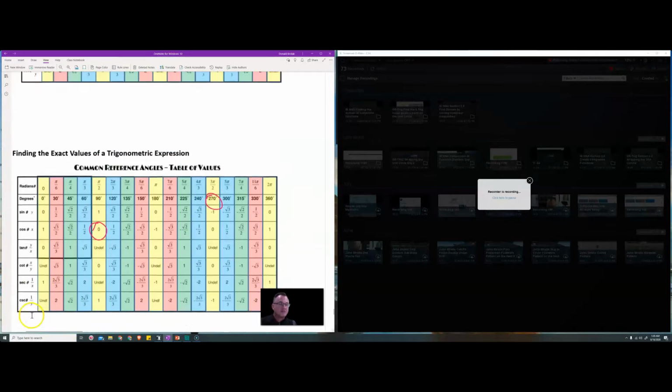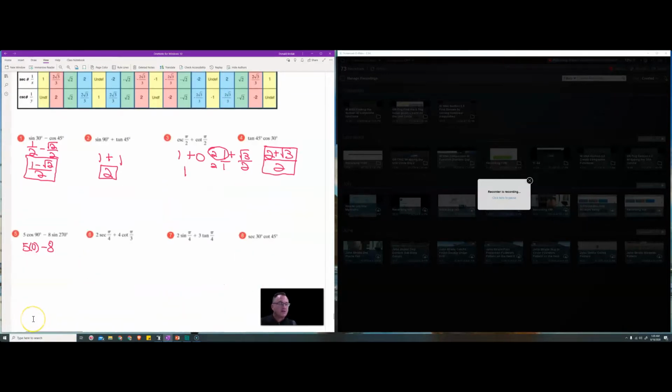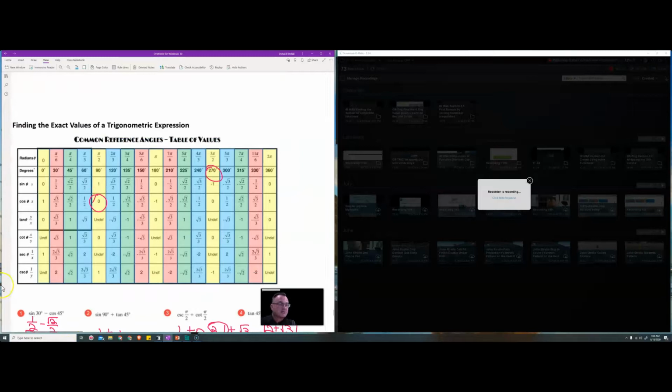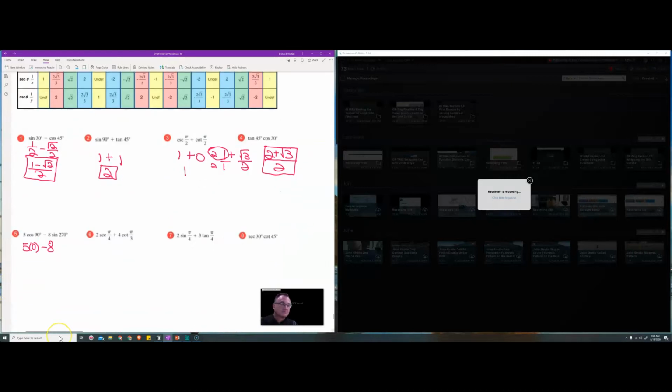And I am looking for the sine. So sine right there, that's -1. So this would be 0 plus 8, which is 8.